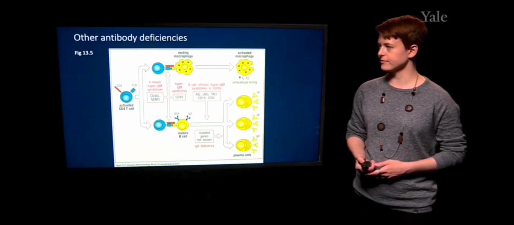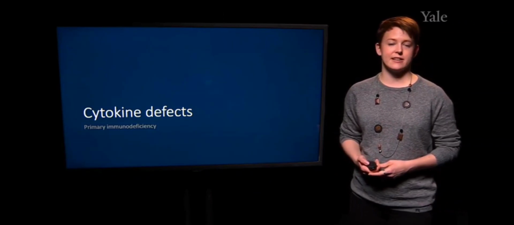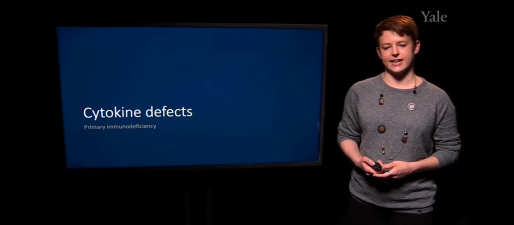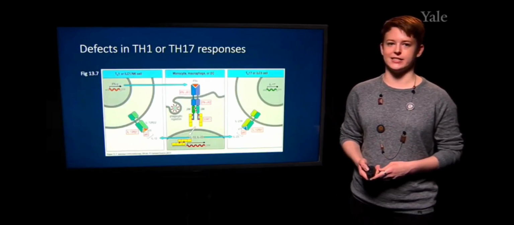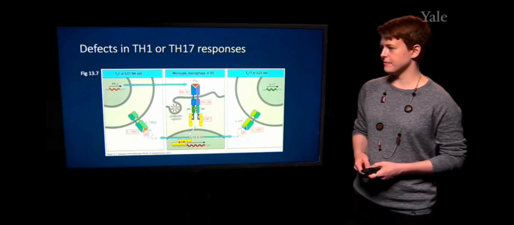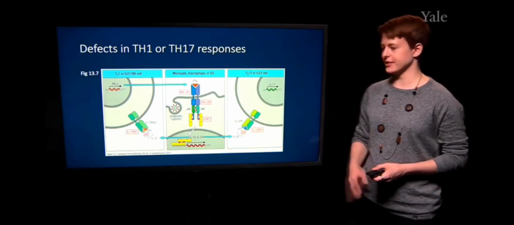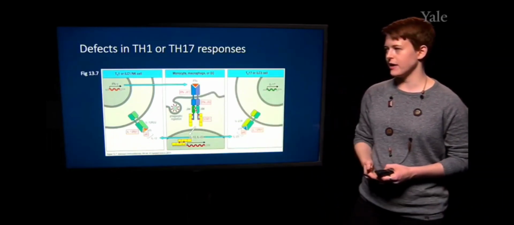So the next group of immunodeficiencies that we'll talk about is deficiencies in cytokines. In particular, this really affects Th1 and Th17 responses. And as we'll see, there's a bifurcation in this signaling pathway, and how it goes to Th1 or Th17.